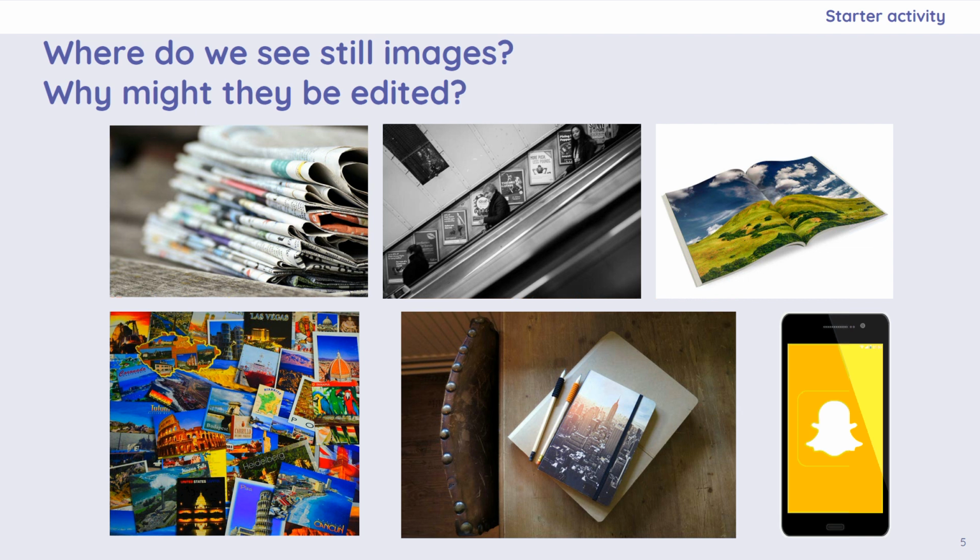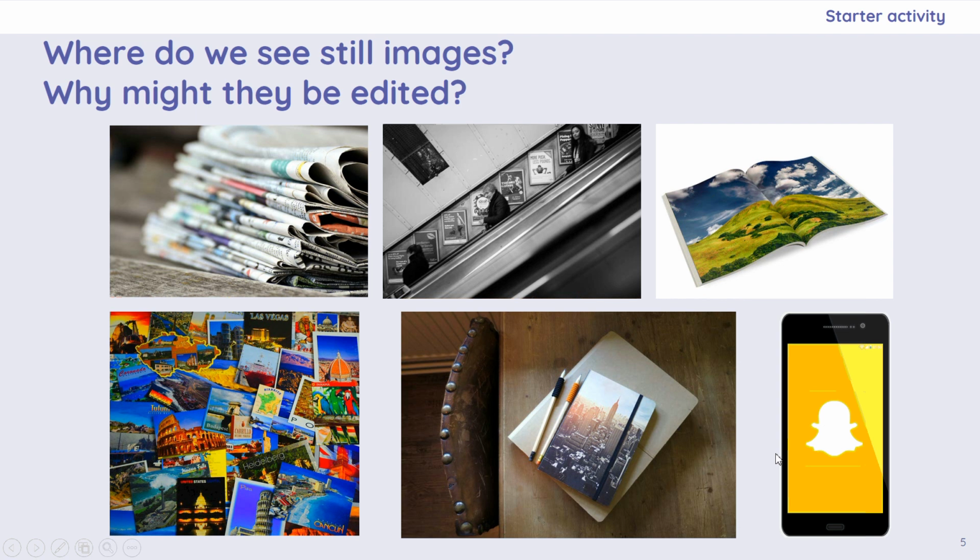So on the screen now you can see some places or things that we might still see images in, and I want you to think about why they might be edited. So we've got newspapers, we have got an escalator in like a tube station, we've got a magazine, we've got postcards, we've got a notebook here, and then we've got an image on a phone.